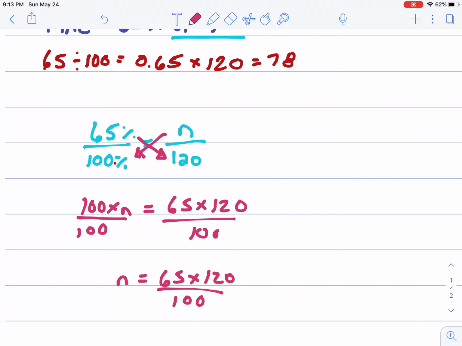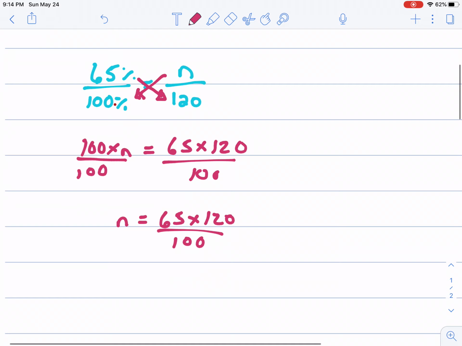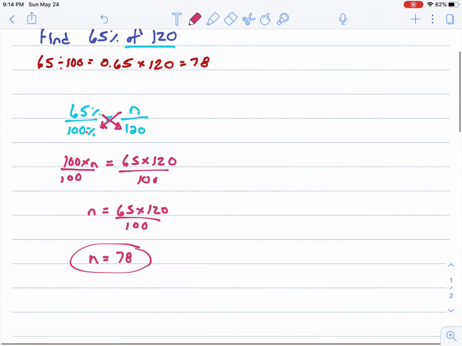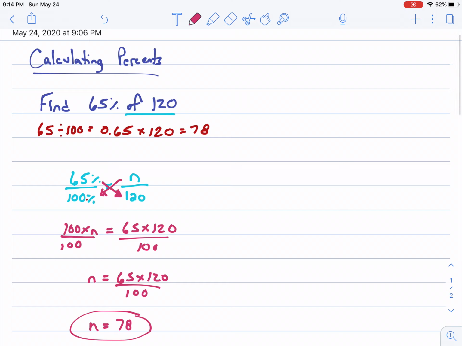So putting that in my calculator, I get 65 times 120, take that answer, 7,800, and divide it by 100, and I end up getting my same answer. N equals 78. So key thing I want you guys to understand is it doesn't matter which way I do this. Yes, for this circumstance, I would argue this is probably my easier technique.